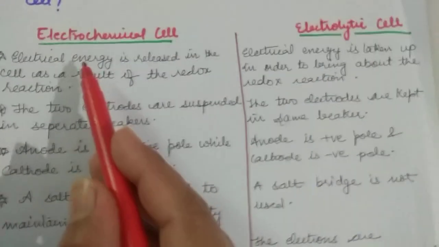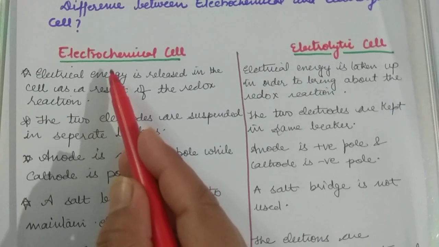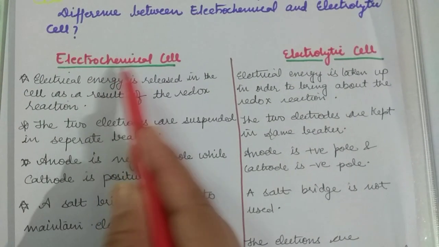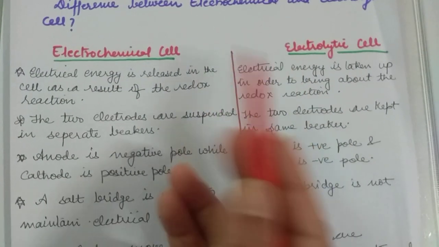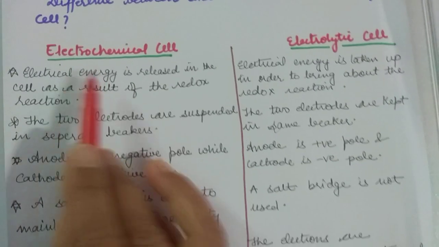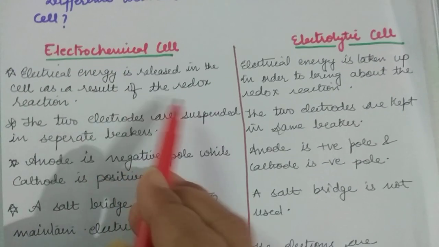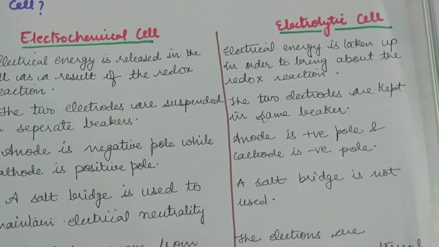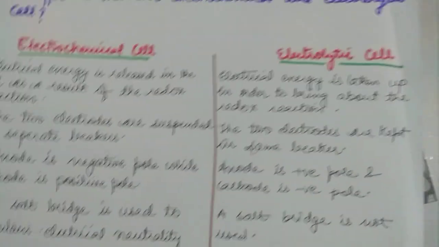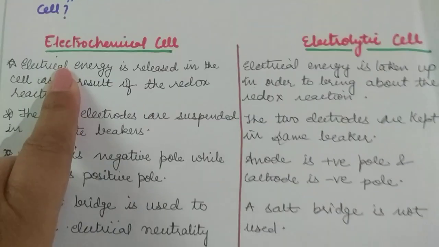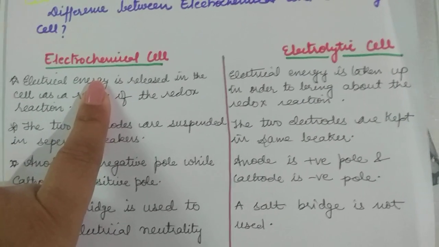The first point of differentiation between electrochemical cell and electrolytic cell is that electrical energy is released in the cell as a result of redox reaction, as we have already done in electrochemical cell. What will happen in electrochemical cell? Electrical energy is released.